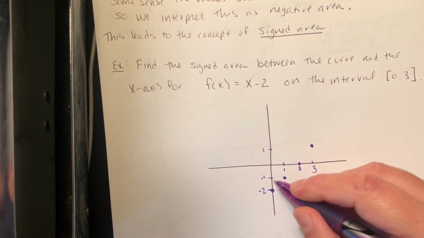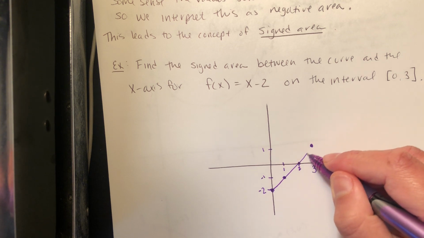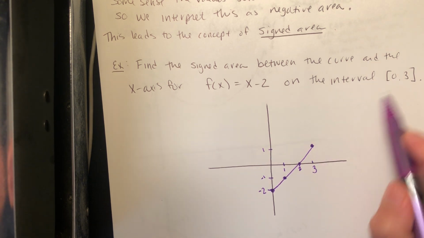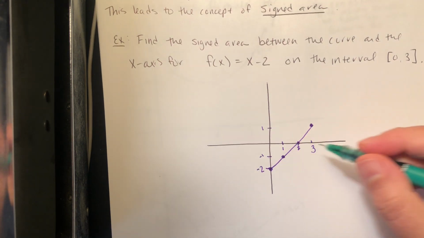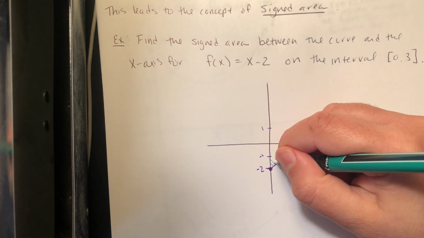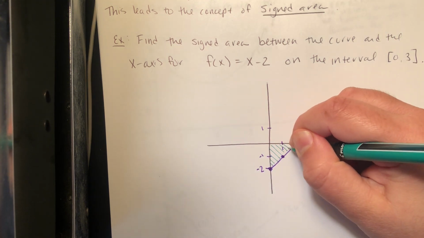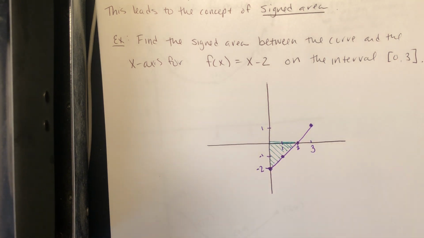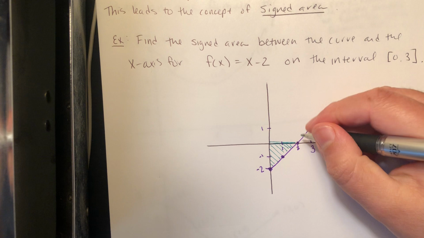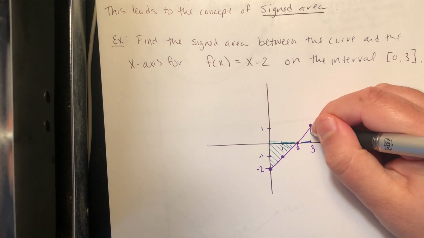Right, so this is what the line's going to look like. And it's telling us just to look at the interval from 0 to 3, so I'm not going to keep drawing the line to the left or to the right. But we see that this breaks up the area between the curve and the axis. It is going to be below the x-axis between x equals 0 and x equals 2, and it's going to be above the x-axis between 2 and 3.